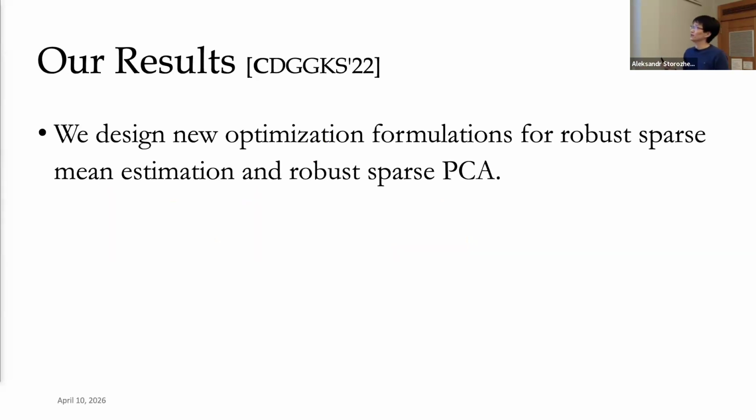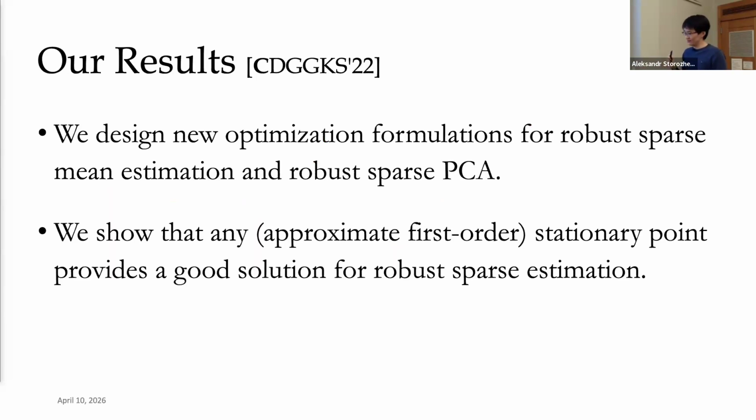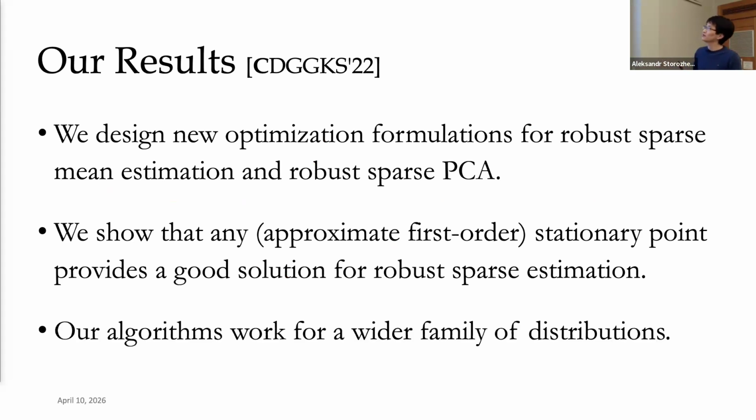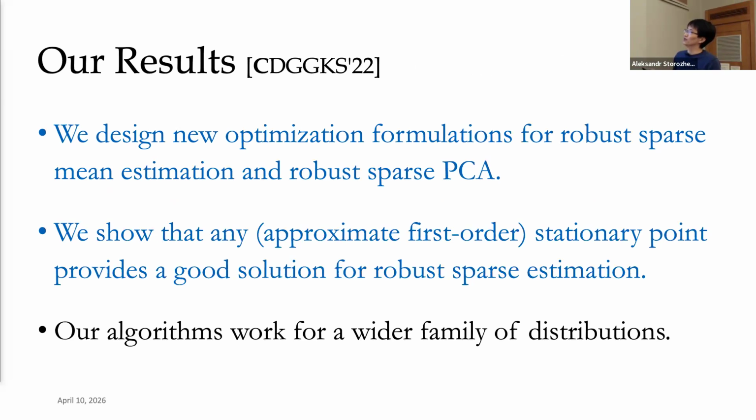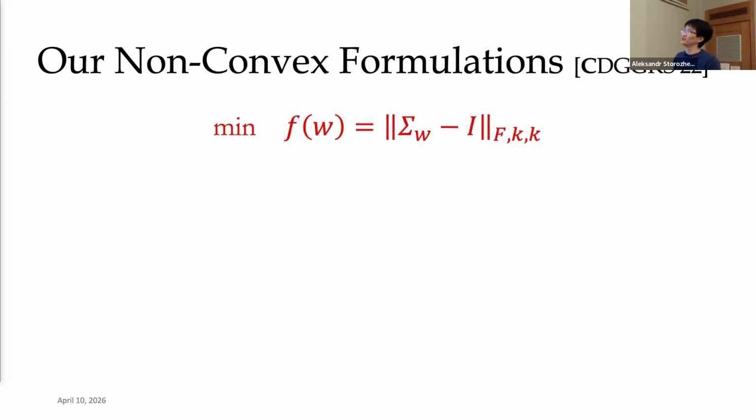We gave a new objective function and showed that all its local optima, all its first order stationary points, are a good solution for the original problem. And compared to previous work, our result works for a wider family of distributions.